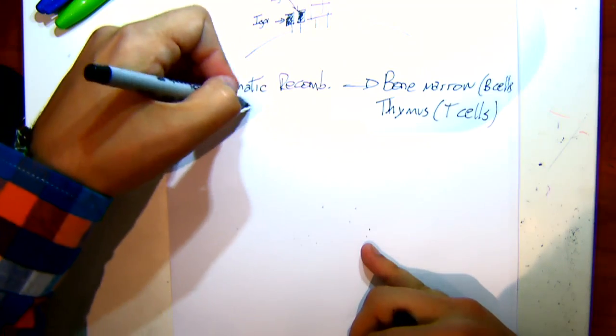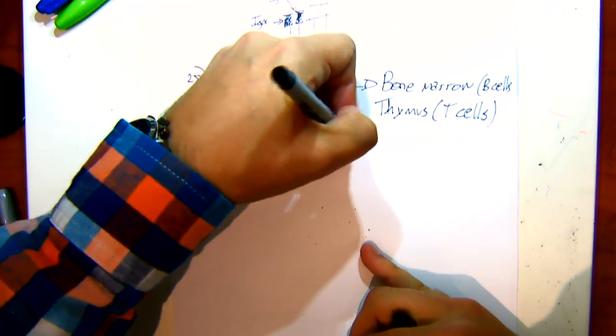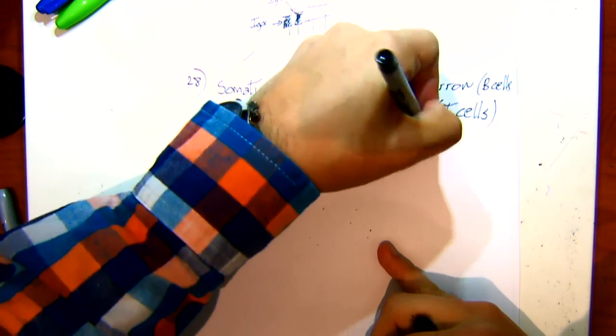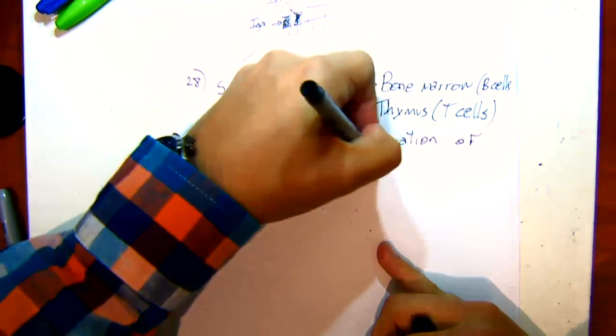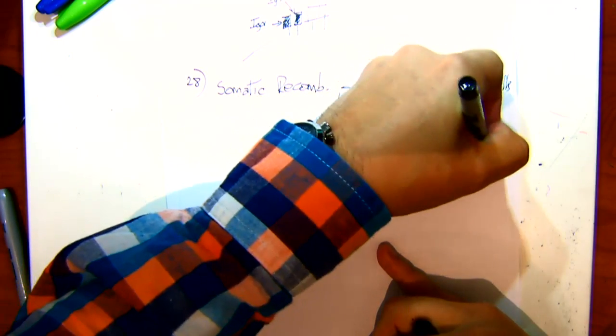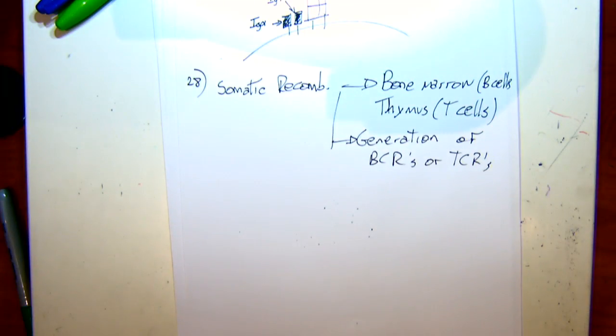And in somatic recombination, you'll have generation of your BCRs or TCRs, depending whether you're a B or a T cell.